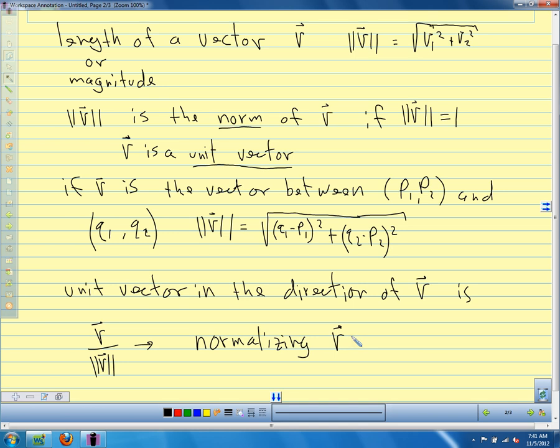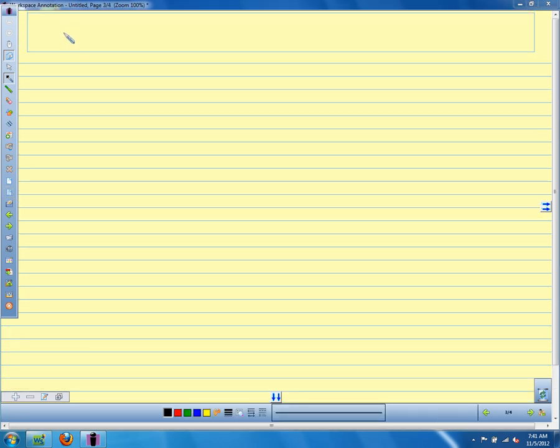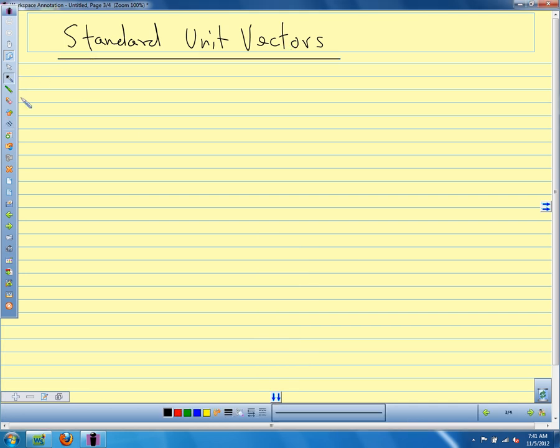All right. So Cole mentioned i hat and j hat. So let's talk about those guys for a second. Those are called our standard unit vectors. Our standard unit vectors are i hat in the plane is the vector 1, 0, and j hat is the vector 0, 1.